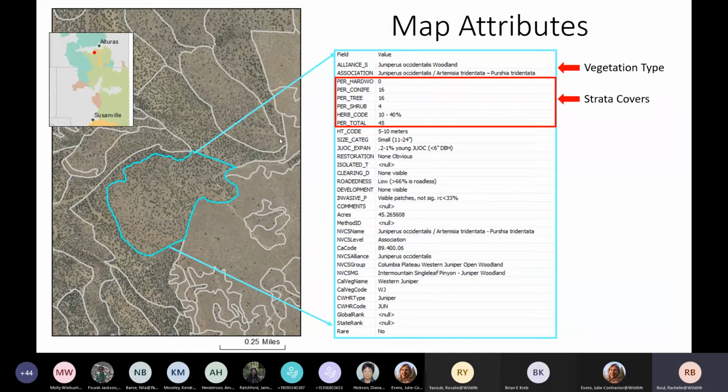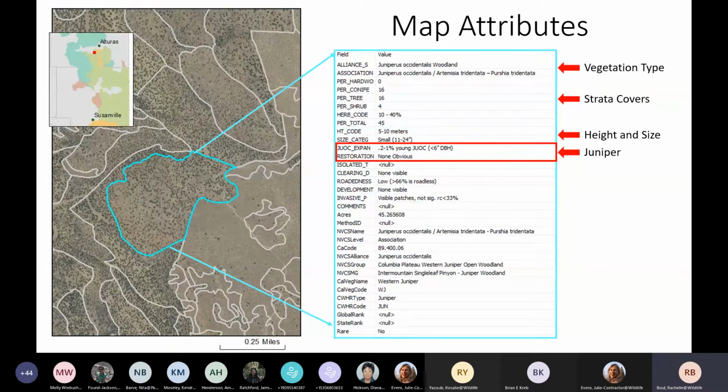You have the strata covers, so tree, shrub, and herb, and total vegetation cover for each polygon. You also have the height of the dominant vegetation layer and the tree size class if there's trees. There's a few project-specific attributes in regards to the expansion of Western juniper within the region.